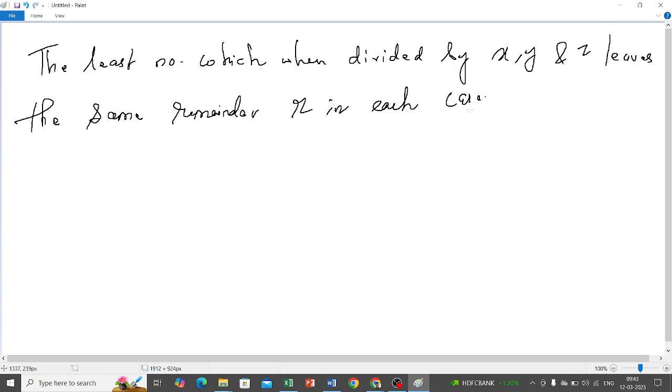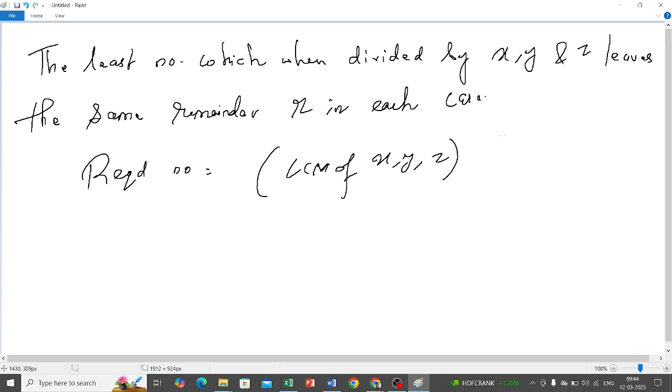Then what is the required number? LCM of x, y, z plus r. Required number is LCM of x, y, z plus r. Okay, write down this rule.